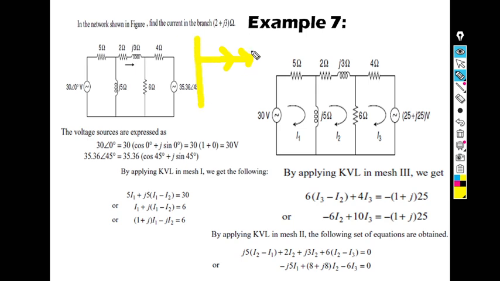But in case of a pure inductor, meaning there is no resistance value, the current is lagging with respect to V by 90 degrees. In case of a capacitor, current is leading with respect to V.